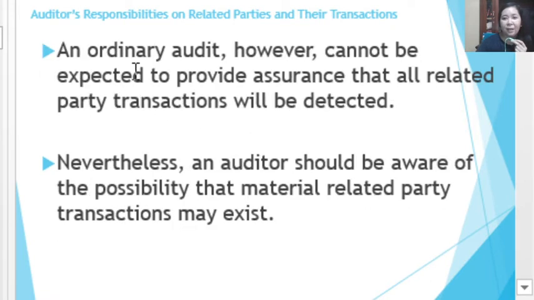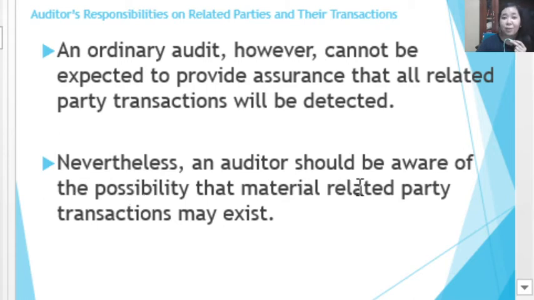Next, an ordinary audit cannot be expected to provide assurance that all related parties and their transactions will be detected, because it is the management's representation and disclosure that the auditor will check to determine whether there are indeed related parties.